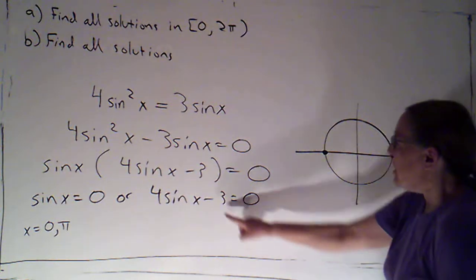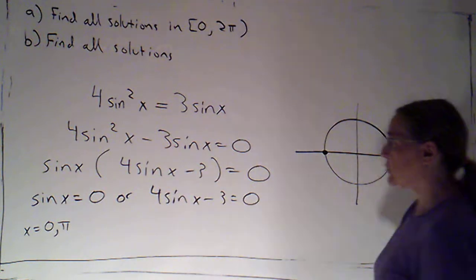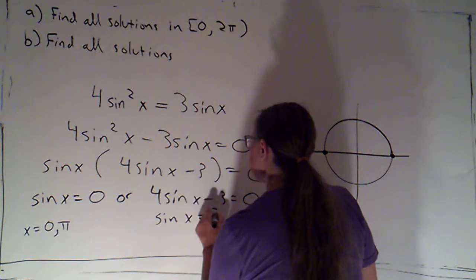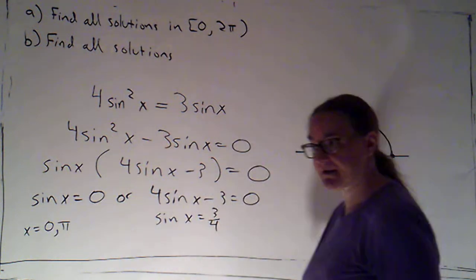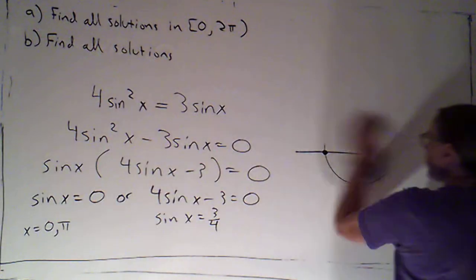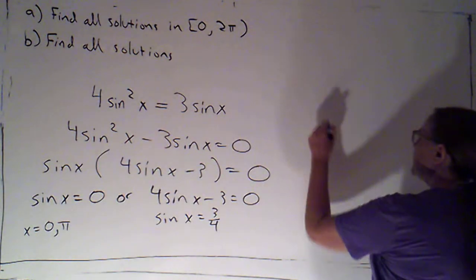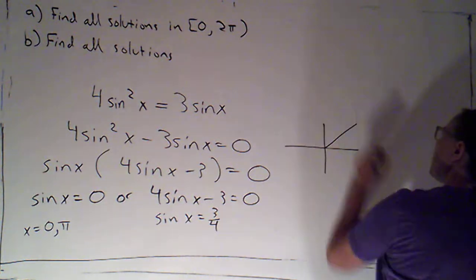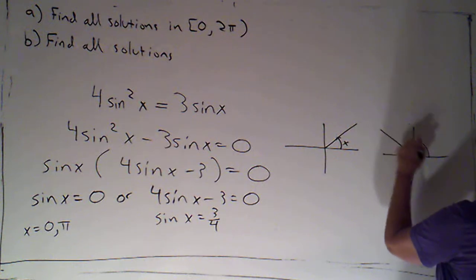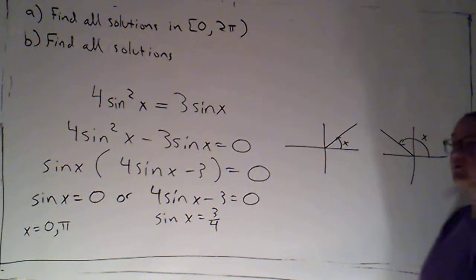Okay, so now if I'm looking at this one, if I isolate the sine, that's going to mean that sine of x is equal to 3/4. Okay, so let's think, that's a positive number. So I'm going to have one solution in quadrant 1, and the other quadrant where sine is positive would be quadrant 2.